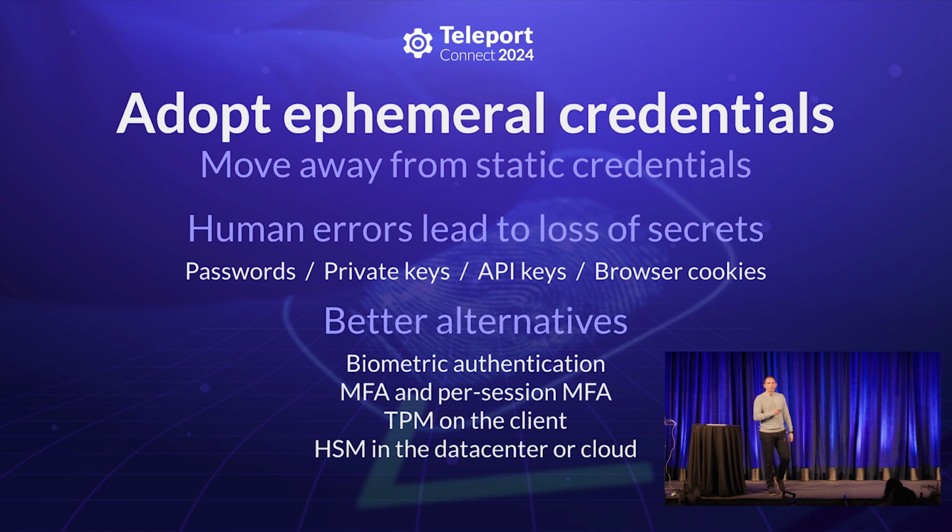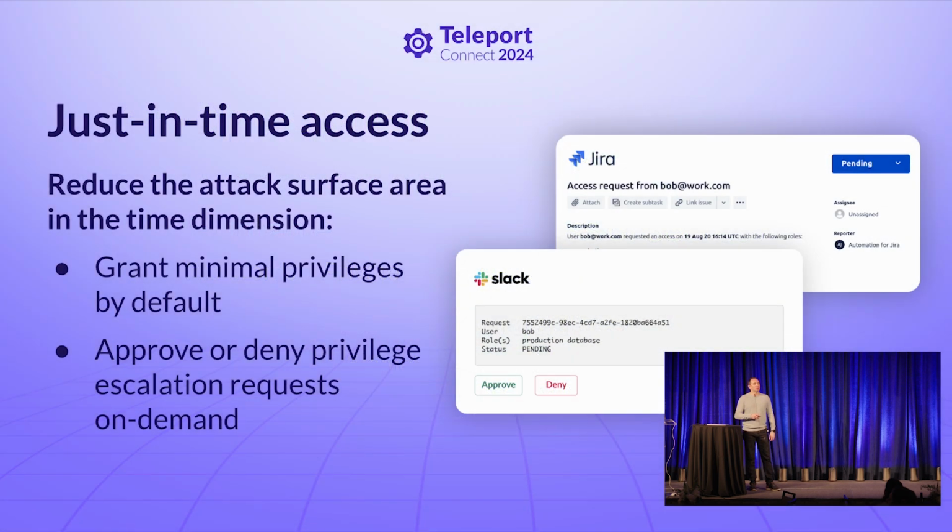And the third powerful tool to reduce the impact of human error is just-in-time access. The idea here is fairly simple. During steady state, when nothing is happening, no one actually needs access. Why do you want to touch your infrastructure? Let it run, let it go and run software.